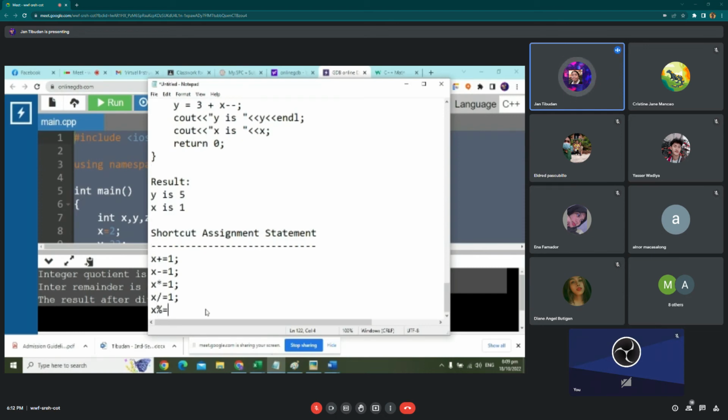So, there are times na pwede ta mo shortcut. Okay? Pwede ingon na ni. Sample lang, ha? Okay. Now, this is the same as x is equal to x plus 1.